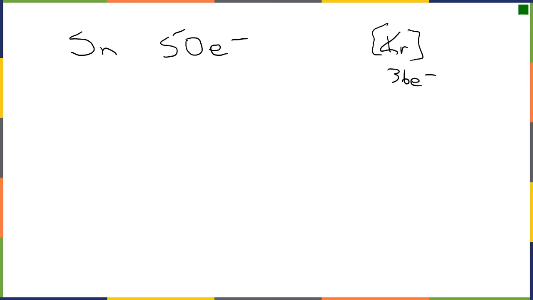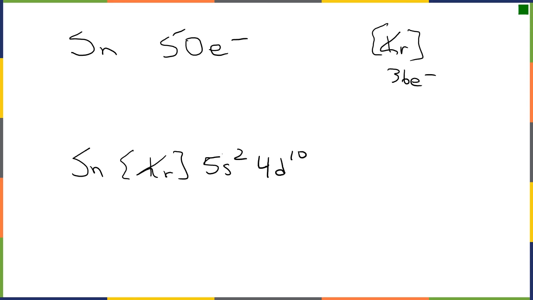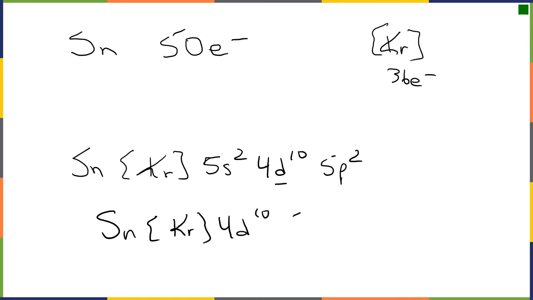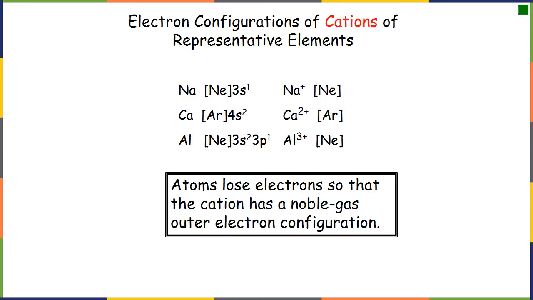So we're going to go to 36, and we're going to say that tin is going to be krypton, and then we're going to fill from there. We're going to go to the row below krypton, and we're going to say that that's going to be 5s2, fill straight across through 4d10 into 5p2, and then rearrange so that you have your valence electrons on the outside, 4d10, 5s2, 5p2. And we can do this for any element on the periodic table.